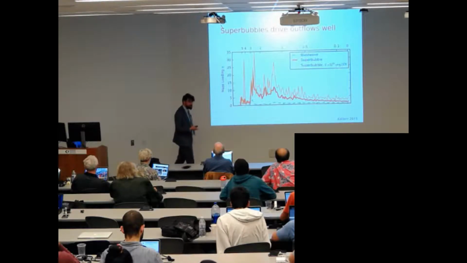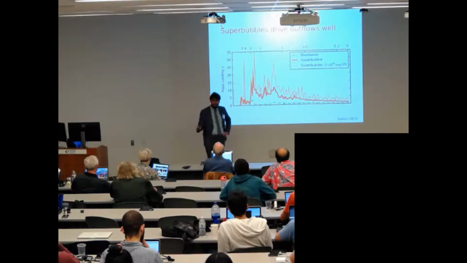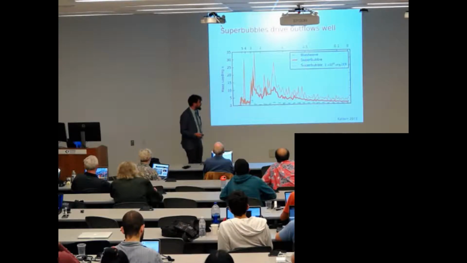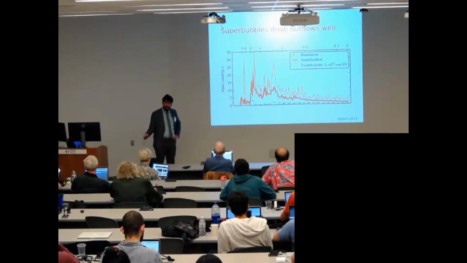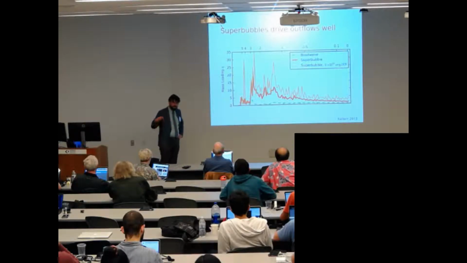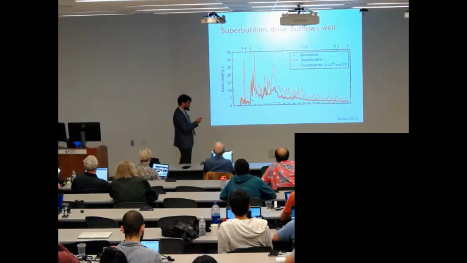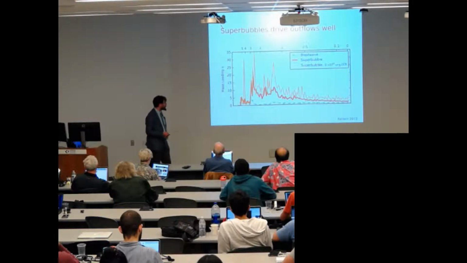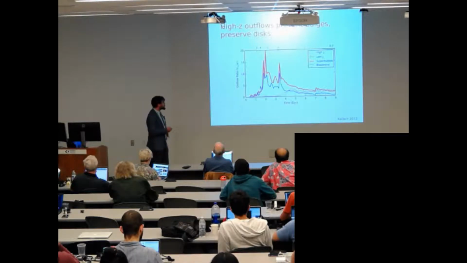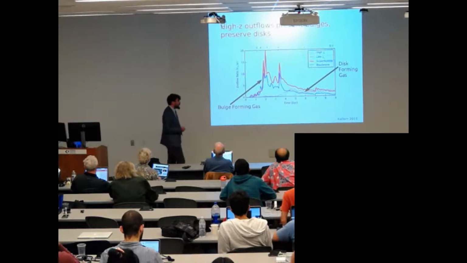So for every solar mass of stars formed, 10 solar masses are ejected from the ISM. This is important for regulating star formation because you're staving off the fuel that the star formation needs to form more stars, and also importantly, you're removing the bulge-forming gas that accretes at high redshift.